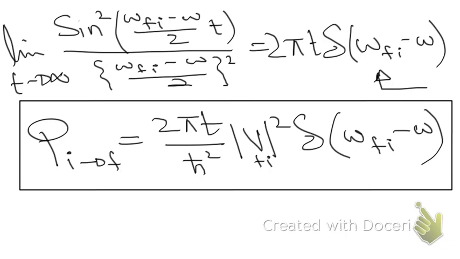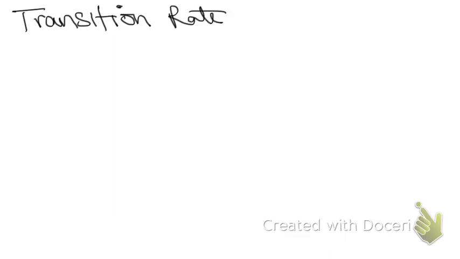And let's go to a new page. The transition rate is then going to be the probability of my transition per unit time.